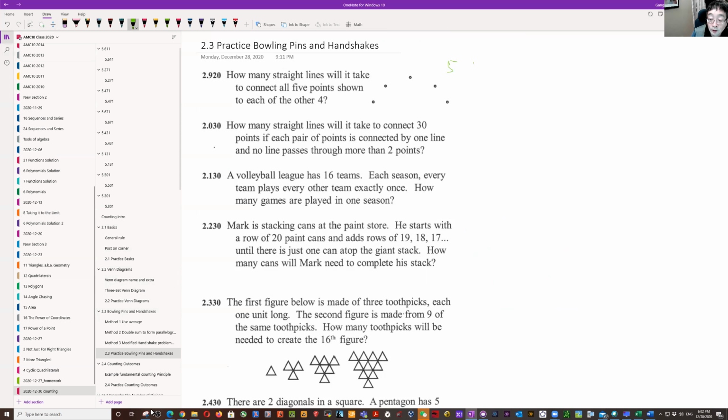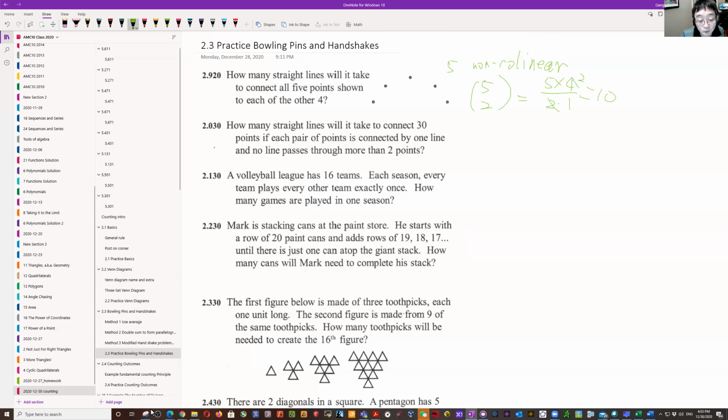So basically you choose 5 choose 2. You can choose any 2 points and make a straight line. That's equal to 5 multiplied by 4 divided by 2 multiplied by 1, which is actually 10. So these are quite easy problems.